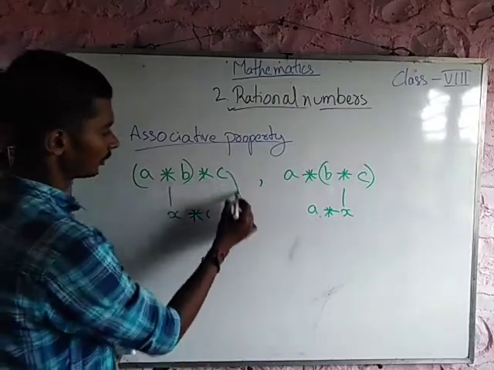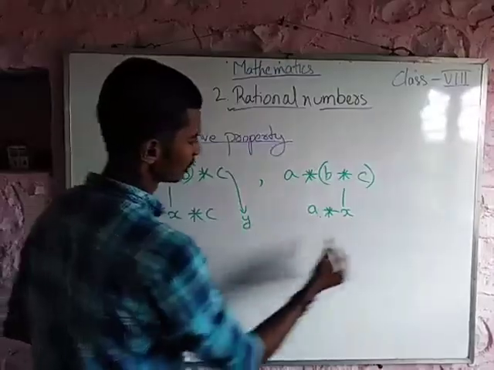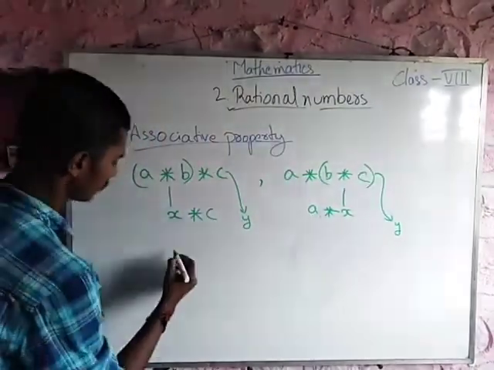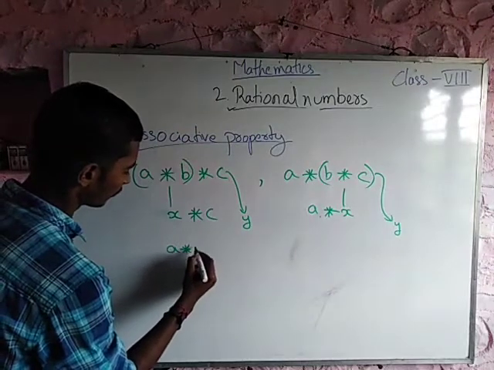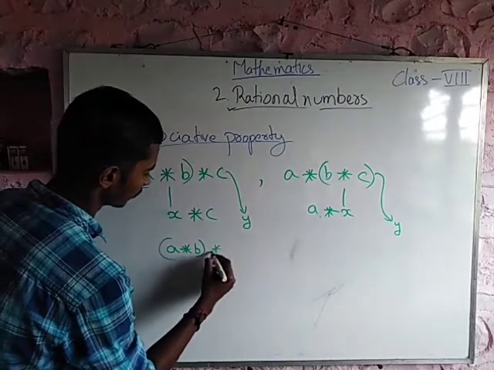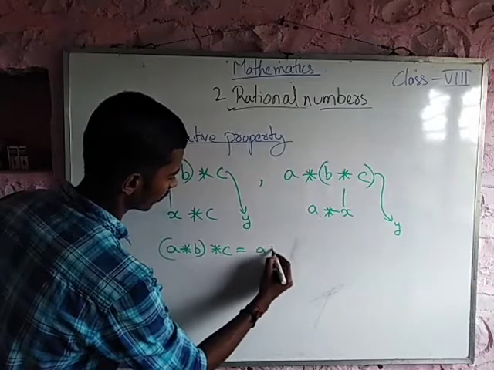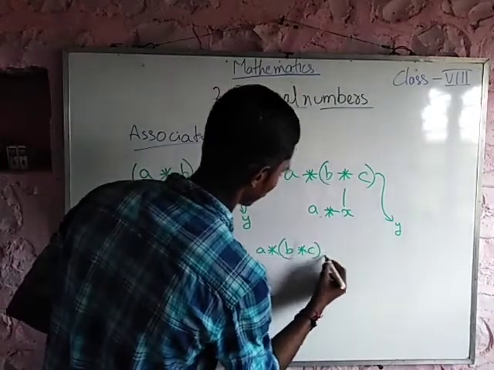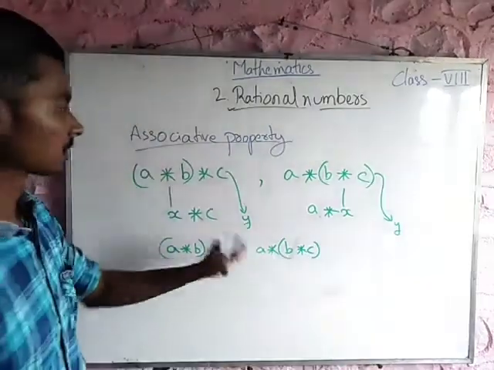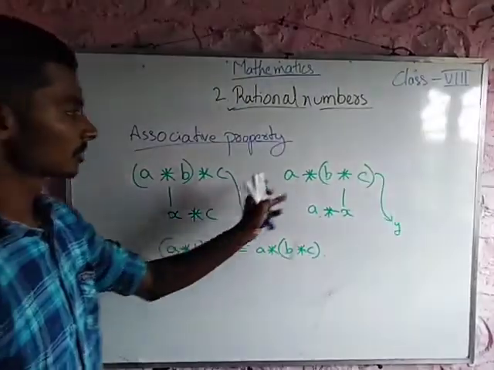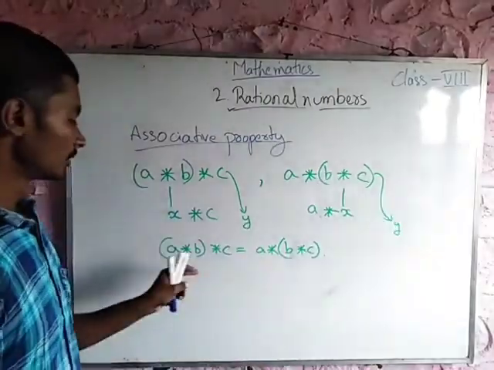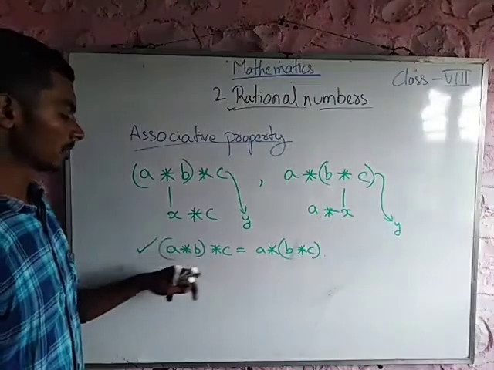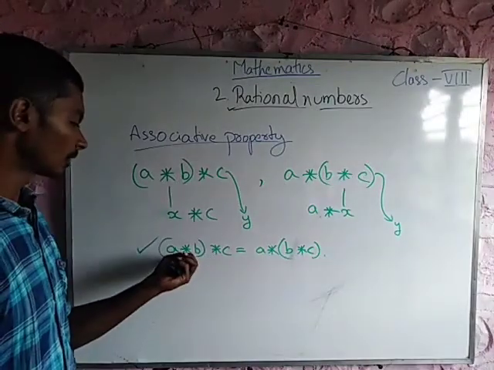And if we get the same results, that is, in this way we get the same answer as this way, then we will say that those numbers are associative for this operation.